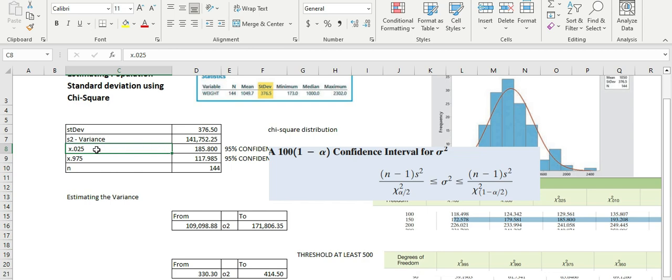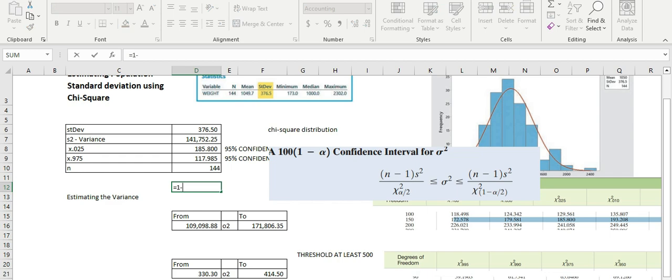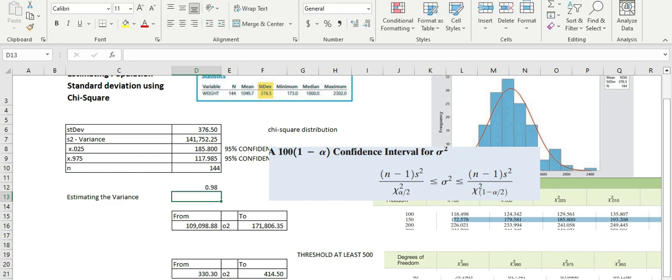And this one is 1 minus alpha over 2. Since we have the alpha, 0.05, like this one, it's 1 minus 0.025, which gives 0.975 shown here.